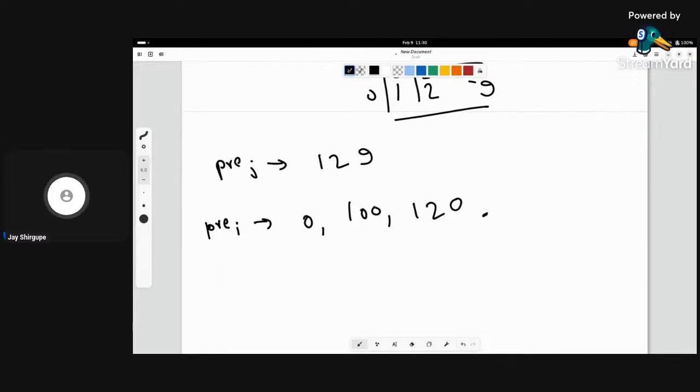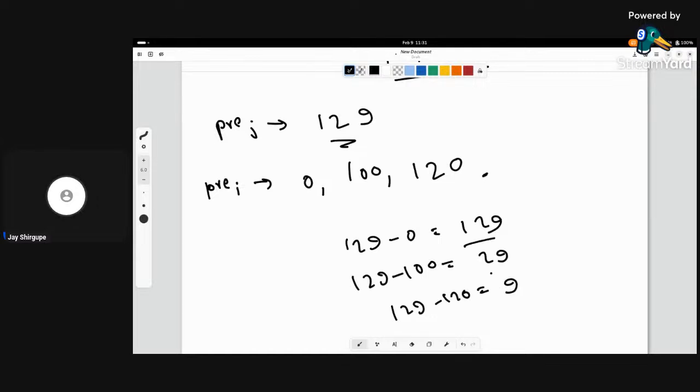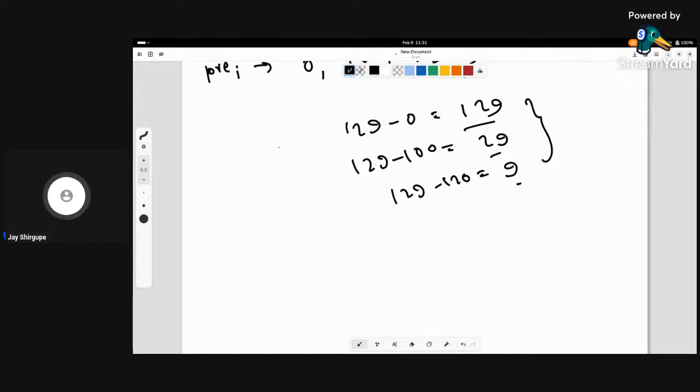These are all the prefixes which you can subtract from 1 2 9 to get a number. 129 minus 0 gives 129, 129 minus 100 gives 29, and 129 minus 120 gives just the number 9. So by maintaining these prefixes, you get all the possible substrings from there.